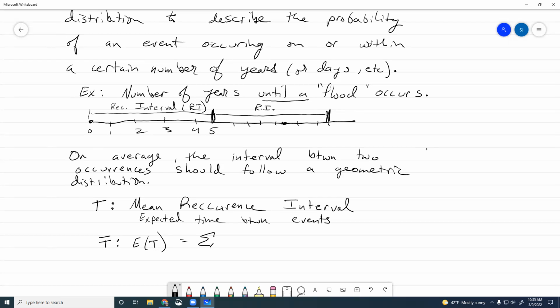And that's going to just be the equation that we showed earlier, which is the sum from T equals 1 to infinity of T times the distribution of T, which is equal to the sum of T times P times (1 minus P) to the T minus 1. So that's the same geometric distribution as before.